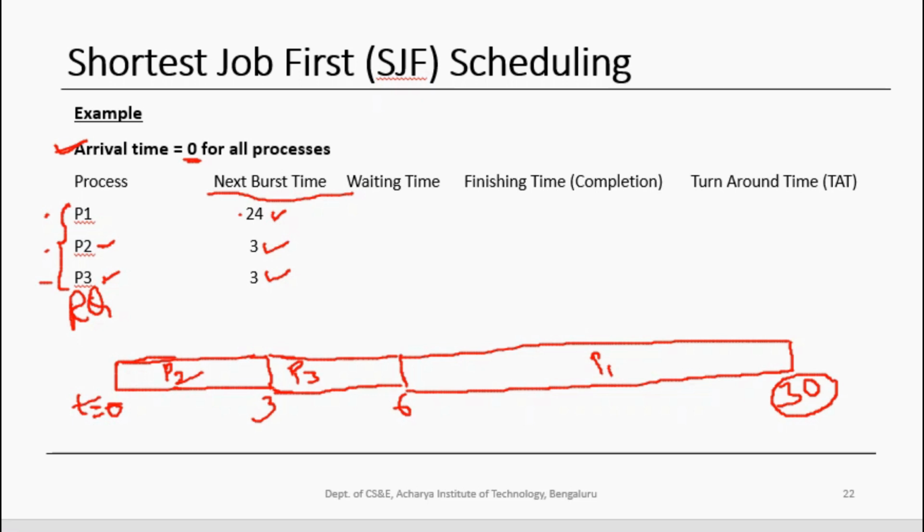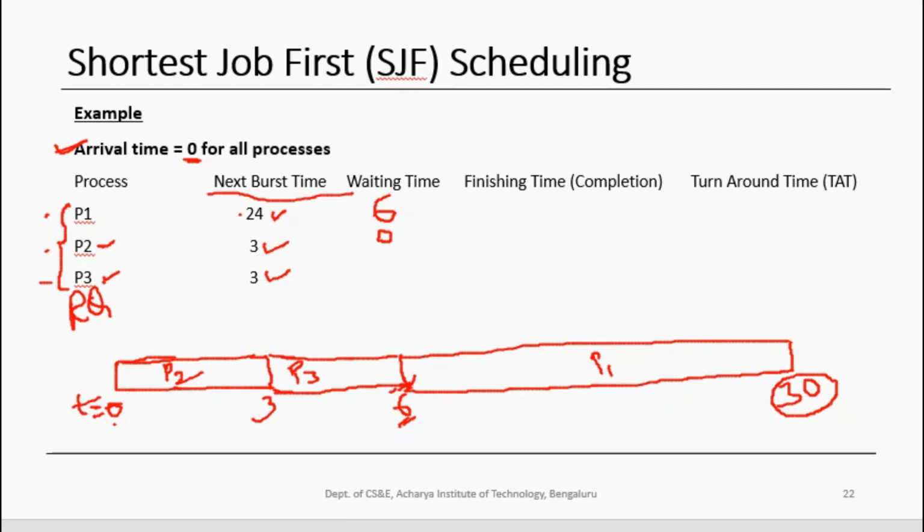Let us calculate the waiting time for P1. Now P1 comes into the ready queue at t is equal to 0, but it gets CPU at t is equal to 6. So therefore the waiting time of P1 is equal to 6. What is the waiting time of P2? P2, immediately after it comes into the ready queue, gets the CPU, therefore it doesn't wait. So its waiting time is equal to 0.